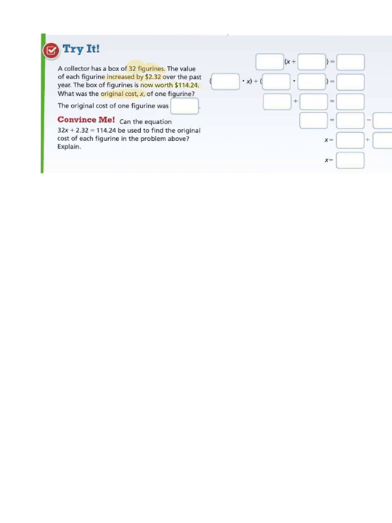So let's set this up. So we know we have a total of $114.24. Okay. And we know that we bought 32 figurines. We are not sure what they originally cost.